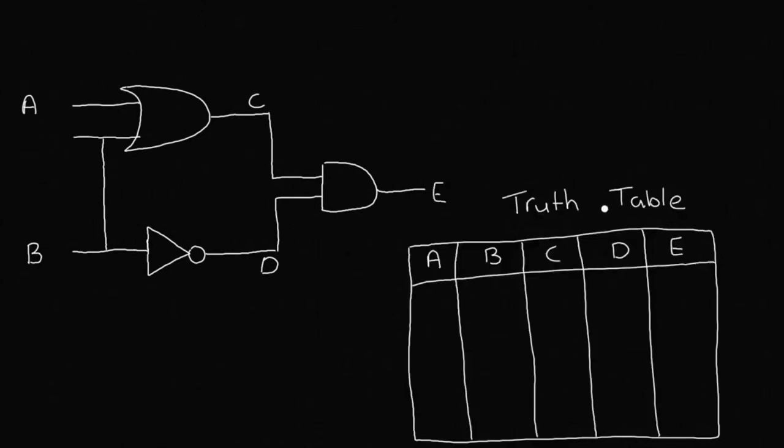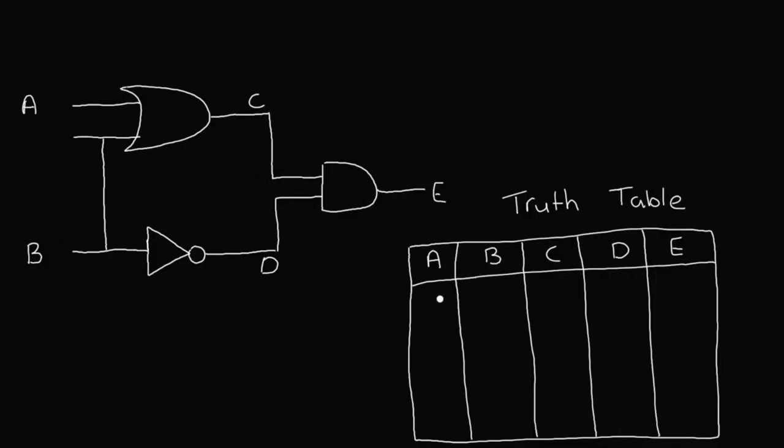So I've created my truth table here, and we can see we have 5 different values: A, B, C, D and E, and for us to start our calculations we need to have an input for A and B. When we're given this truth table in an exam format or something like that, we'll be given some of these values initially.